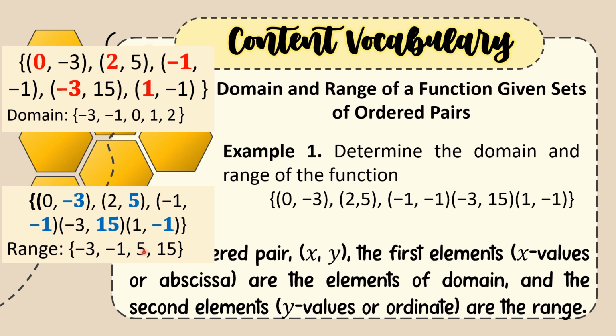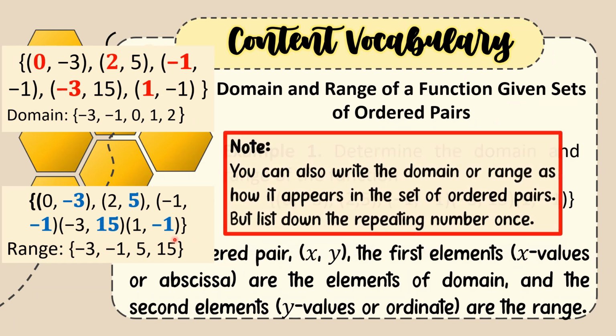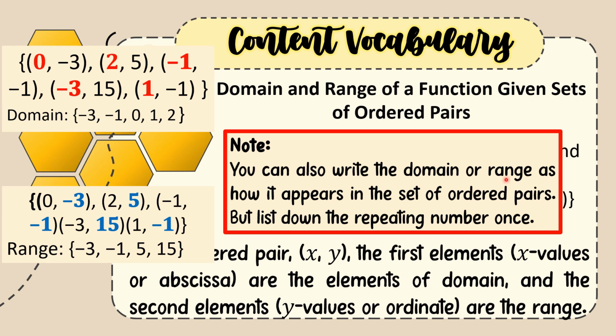This is also arranged in ascending order. But remember that you can also write the domain or range as it appears in the set of ordered pairs, but list the repeating number once. If you see a repeating number in the given function, you only need to write it down once.